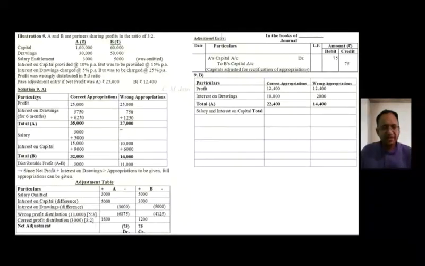Now see the table in case A. As per correct appropriations, the total is 8,000 plus 24,000, so 32,000. We already have this total written over here, 32,000. And as per wrong appropriations, the total is 16,000.